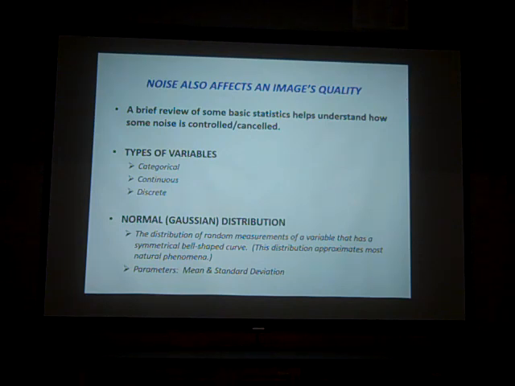Essentially, there are three types of variables. You have categorical variables, and these are non-numeric classifications, such as type of nebula. We can talk about dark nebula, emission nebula, planetary nebula, reflection nebula. They're just classifications. We can talk about continuous variables, and these are variables that take on an infinite number of values, such as volume of water. That's a continuous variable.